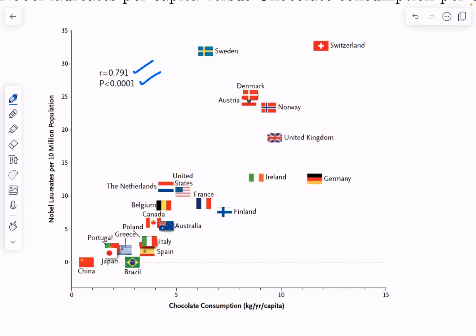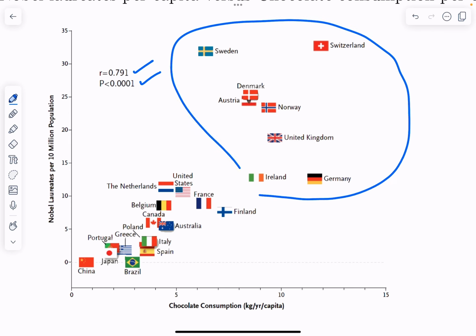What you have here is a lot of European countries with high chocolate consumption because they make a lot of chocolate in Europe, and it's very popular in Europe. But then also, you can see the bias of the Nobel laureates in Europe. A lot of European countries are dominating the Nobel Prizes.